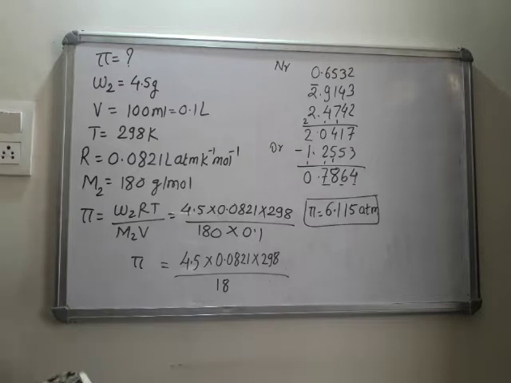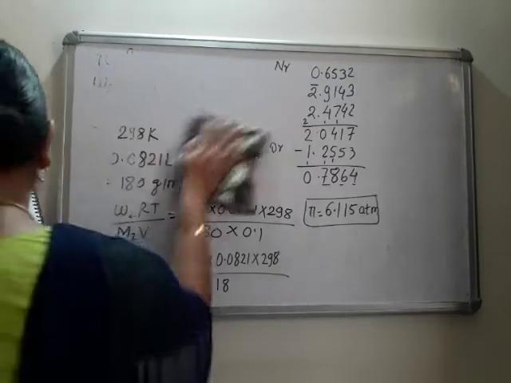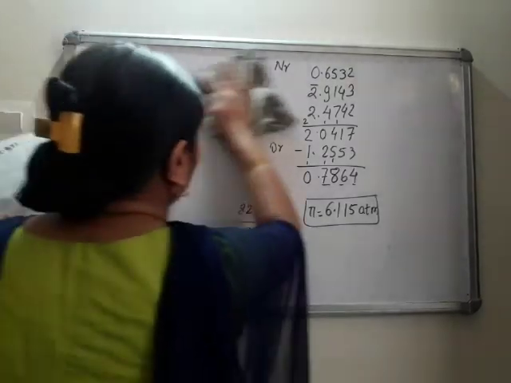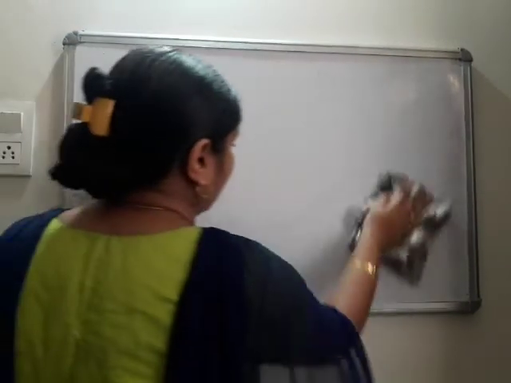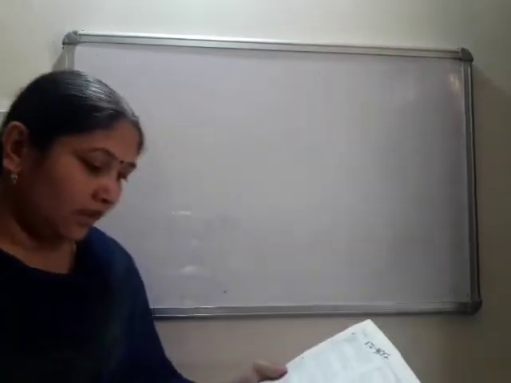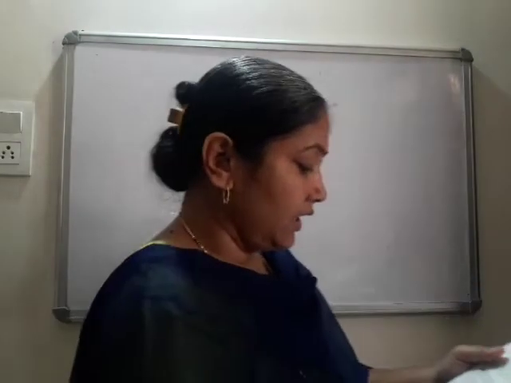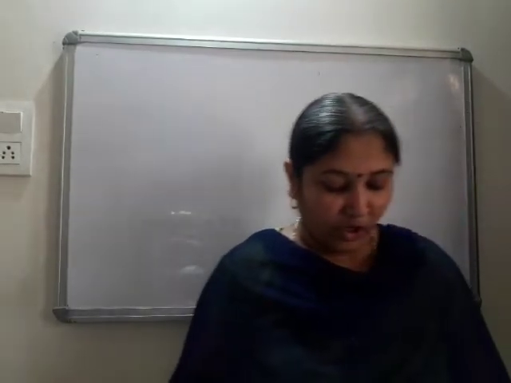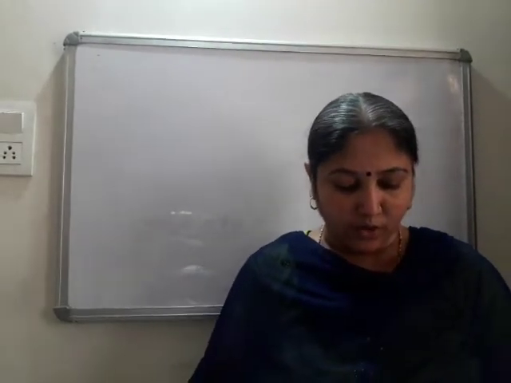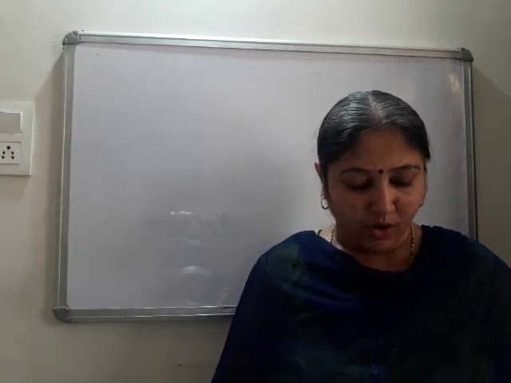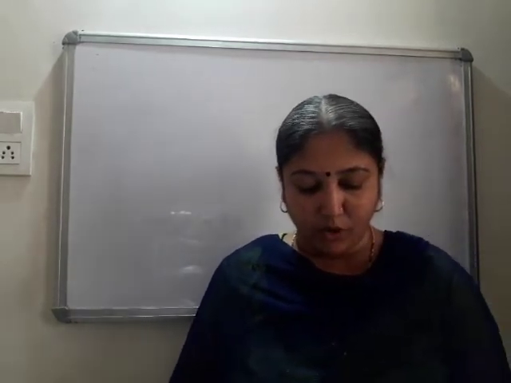Next question. Finished? Next question. Take down. 30 gram of glucose present per liter has an osmotic pressure 4.91 atmosphere.